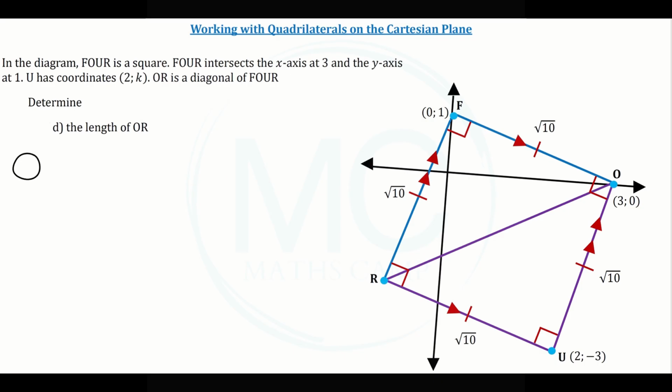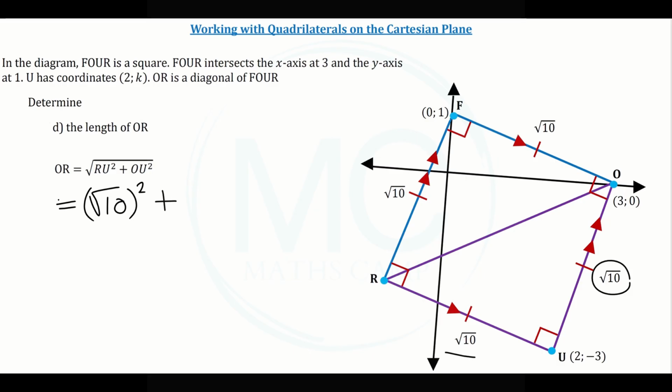So we can say OR, the hypotenuse, is equal to one side, RU squared, plus the other side, OU squared, all under a square root. We know that RU is root 10 units, so we can say root 10 in a bracket squared, plus side OU, also root 10, root 10 in a bracket squared, all under a square root.